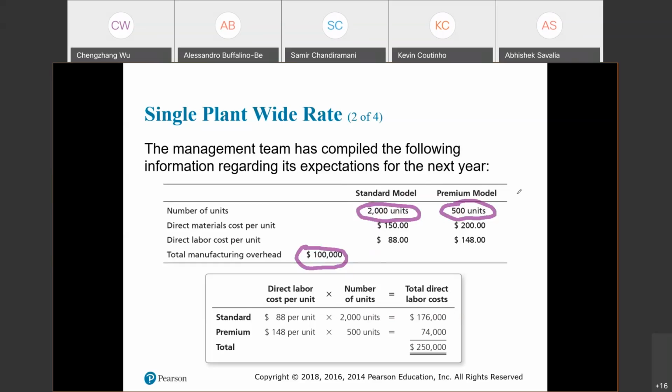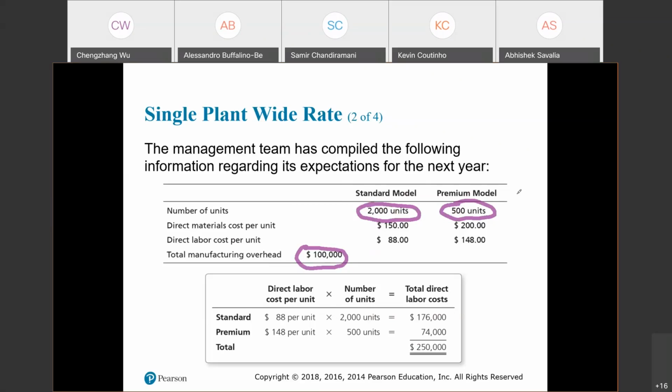Let's calculate the predetermined overhead allocation rate and determine the total unit cost. The total estimated overhead costs are given, which is 100,000.